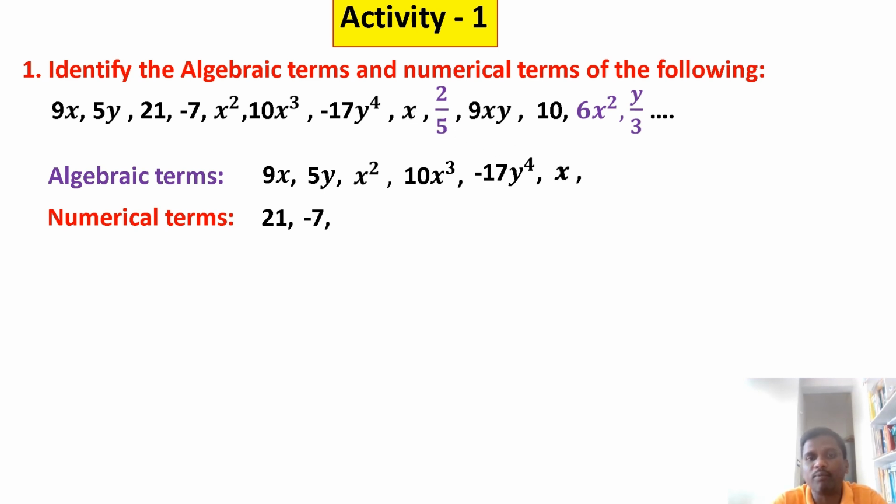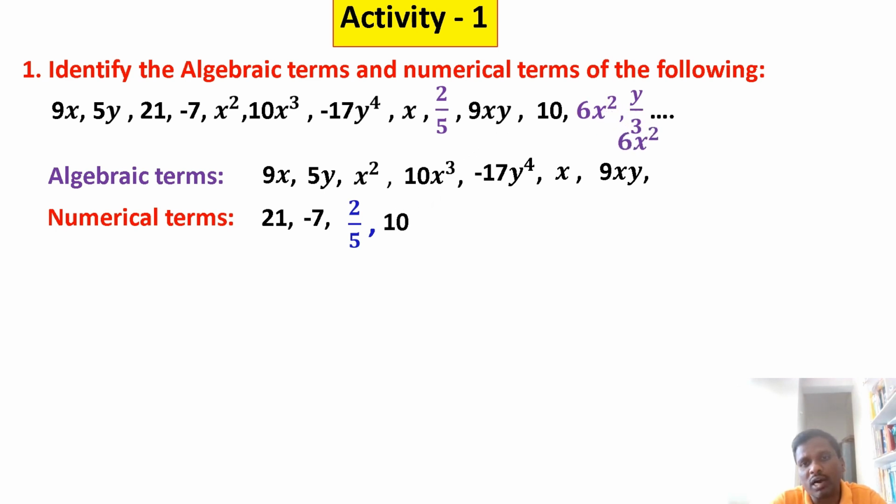Now, 2 by 5: is it an algebraic term or a numerical term? There is no variable, it is formed only by numbers, so it is a constant. 2 by 5 is a numerical term. And 9xy is an algebraic term. And 10 is a numerical term.